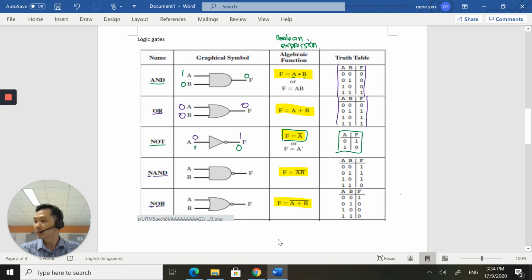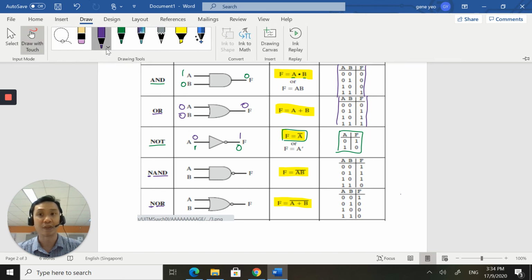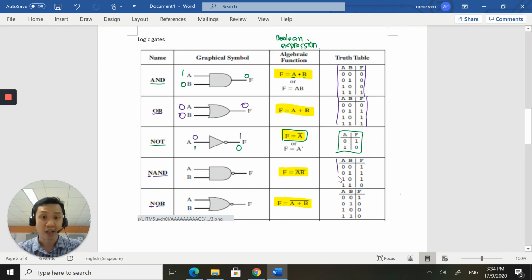Okay? So I hope I've explained what these gates are, and I hope I've also explained how you get the truth tables for all these 5 gates that you have to know and remember.